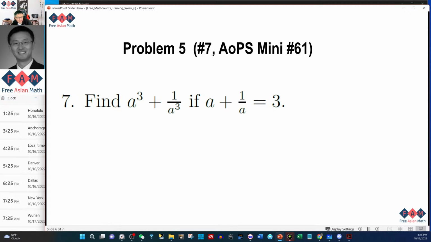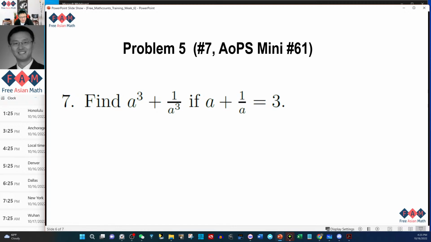All we need is to keep squaring the previous step, and the middle term always gets cancelled into a constant integer. But what if we have a cube here? Should we panic? There's no way by squaring a plus 1 over a to get a cube, right?